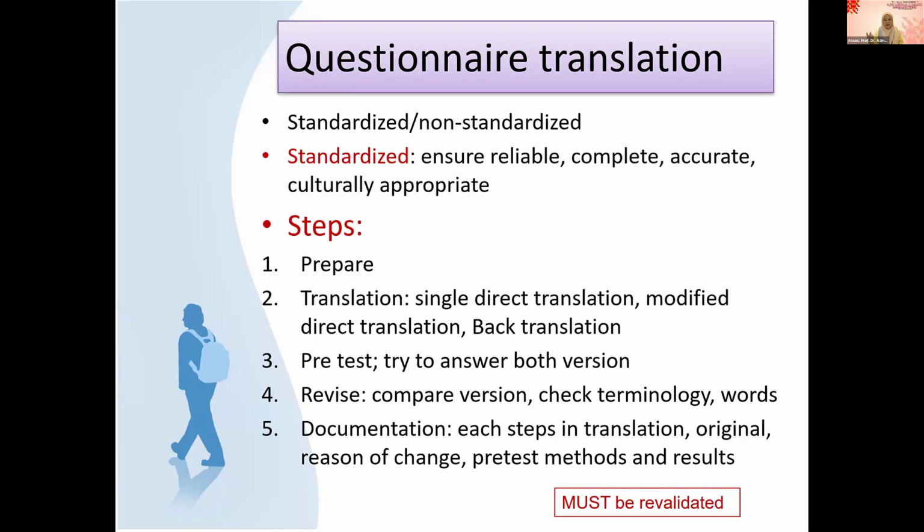After you have done, you have to combine and choose the final Malay one, and then give it to other translators to translate from Malay to English back. Okay, and after that, you need to sit down with the four translators, the two English to Malay, another two Malay to English. Sit down together with your supervisor, with the team, to discuss and come out with the final questionnaire after the translations.